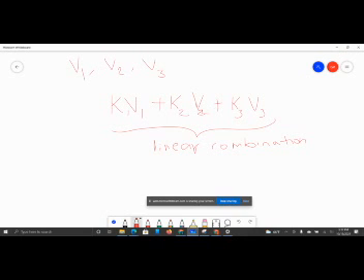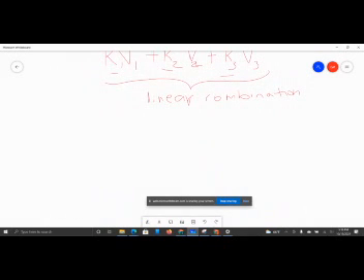So a linear combination is a combination of scaled multiples of multiple vectors.